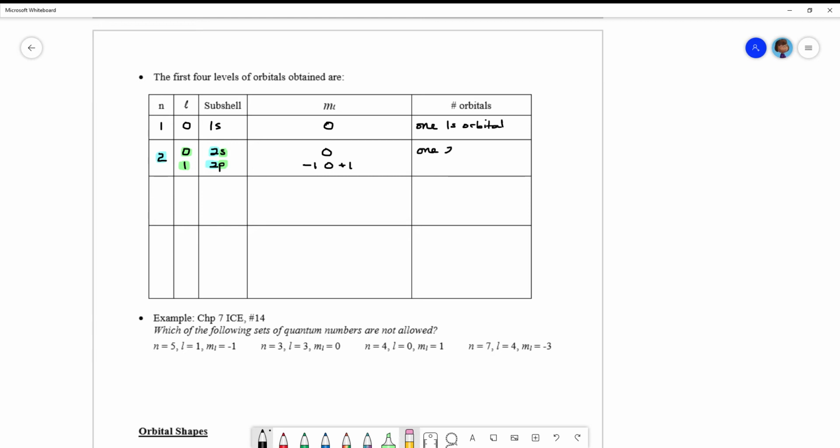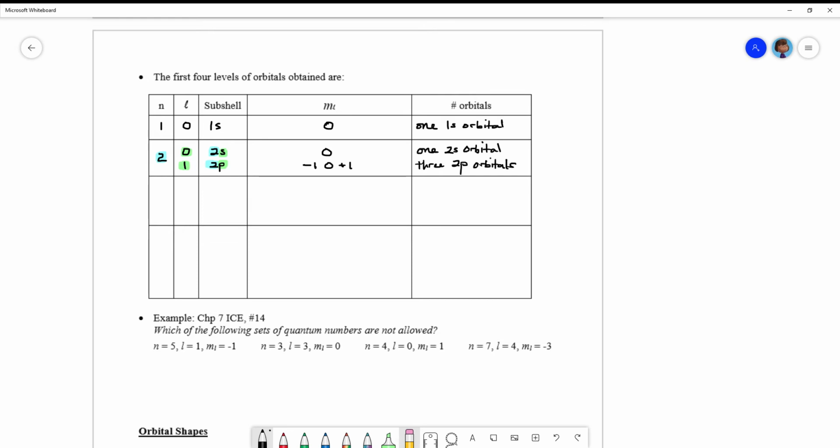And we call that orbital a 2s orbital. So we have one 2s orbital. Why 1? Because we only have this one value of m sub L. But for the 2p subshell, we've got 3 values of m sub L. And so this means we have 3 orbitals in the 2p subshell, or 3 2p orbitals.